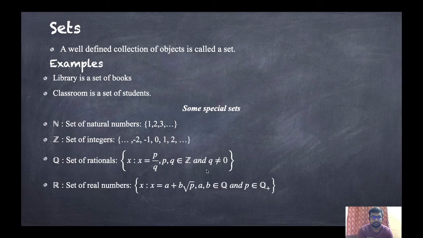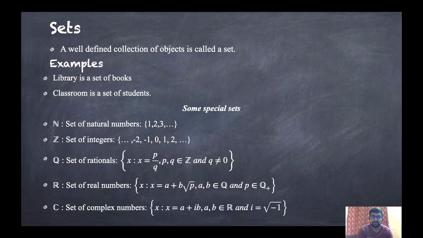Now R, the set of real numbers, the set of all x such that x = a + b√p, where a and b belong to the set of rationals and p is a positive rational. And C, the set of complex numbers, in which x is of the form a + ib, where a and b belong to the set of real numbers and i is the square root of -1.